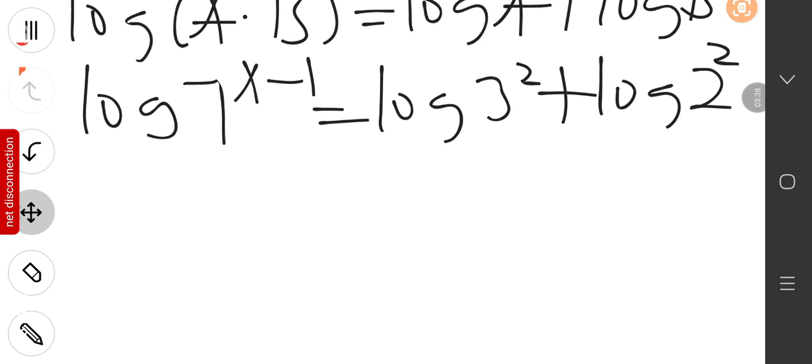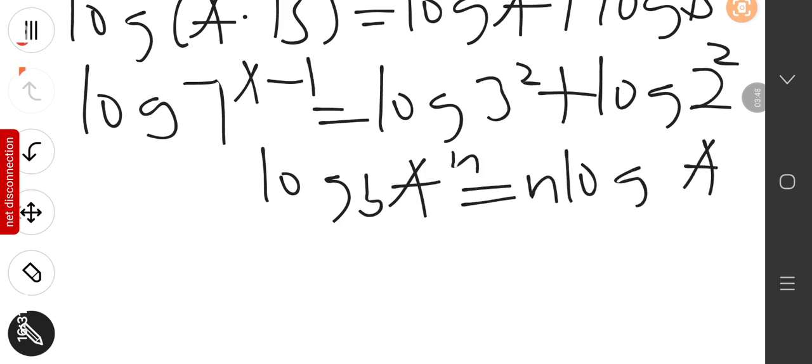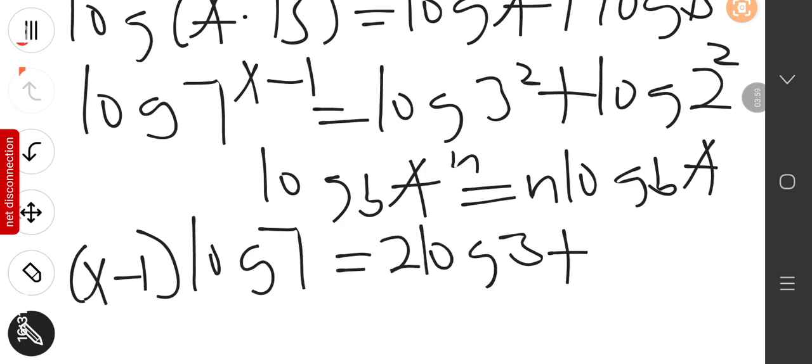Now let's apply the logarithm definition. Log a exponent n base b should give us n log a base b. This gives us x minus 1 multiplying log 7 equals 2 log 3 plus 2 log 2.